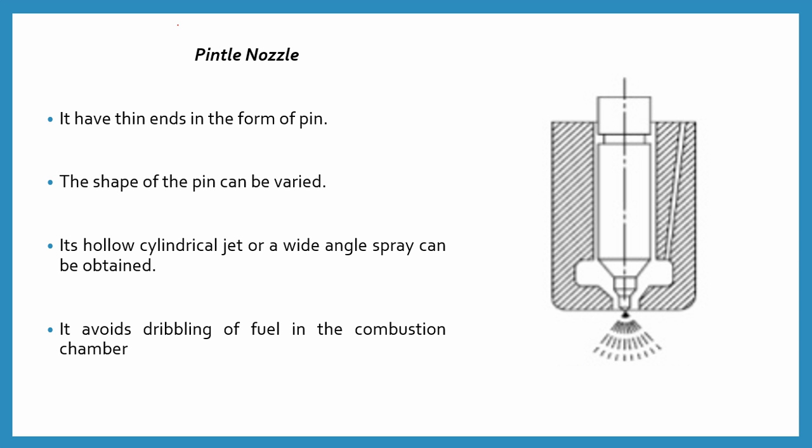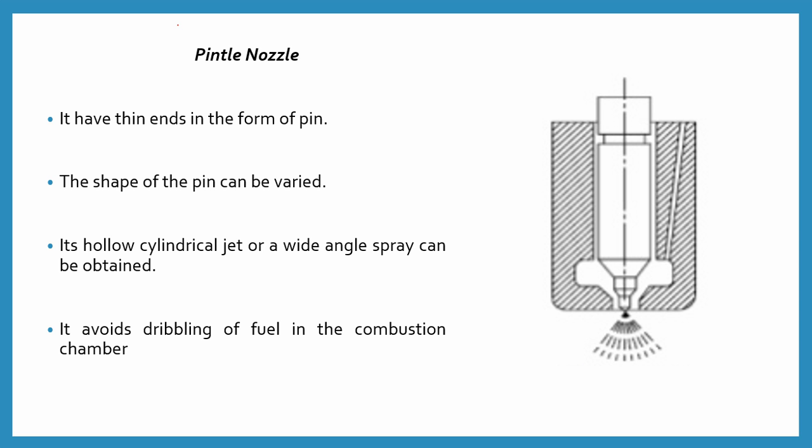These Pintle nozzles are basically used on engines with pre-combustion chambers, and some special turbulence chamber engines. So when we are talking about the pre-combustion chamber or some special kinds of turbulence in the chamber, then we basically use this Pintle nozzle in the combustion chamber.